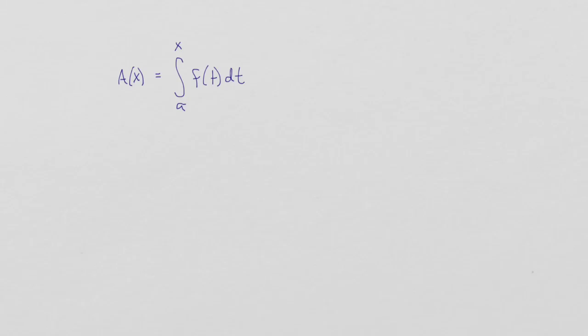So let's see if we can make some sense out of this using the calculus skills that we have, and actually using the first part of the fundamental theorem of calculus. If I were to just try to rewrite this using the first part, the antiderivative of f of t is big F of t, and I'm trying to evaluate this between a and x. So I'm going to end up here with big F of x minus big F of a.